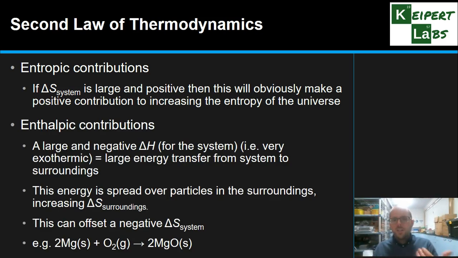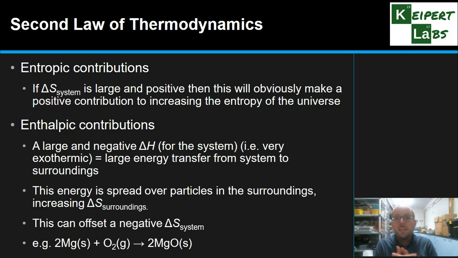Thinking about the connections to enthalpy and exothermic reactions: if we have a large and negative enthalpy change, a very exothermic reaction, we get a large energy transfer from the system out to the surroundings. This energy is going to be well and truly spread out through the surroundings, making the entropy of the surroundings higher.